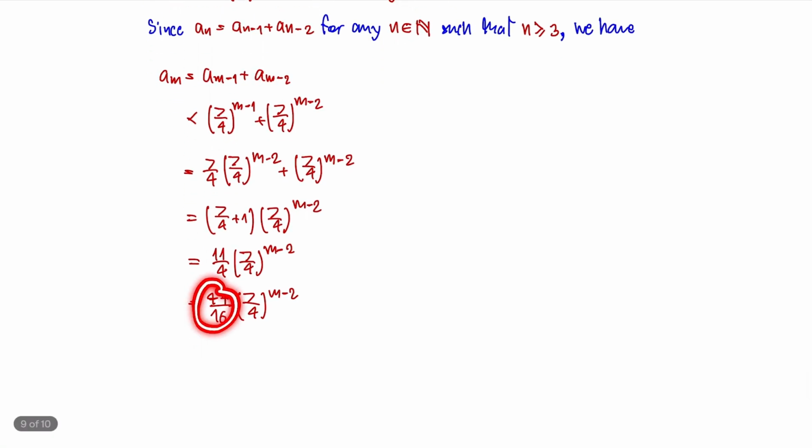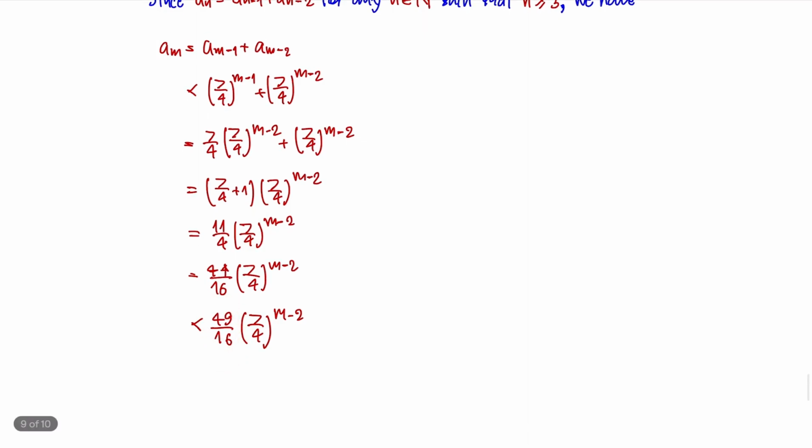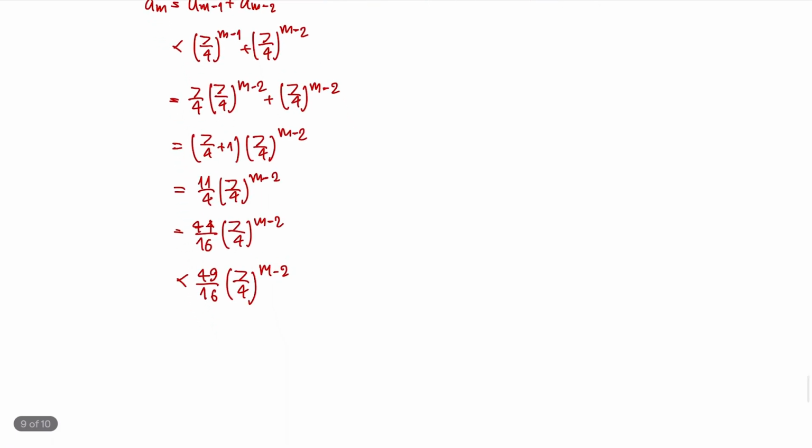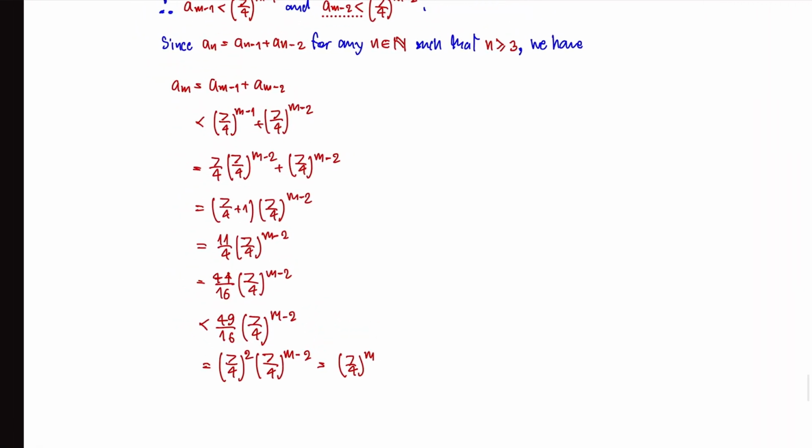But what about this one? This is 44 over 16, which is less than 49 over 16 times (7/4) raised to the m minus 2. And 49 over 16 is (7/4) squared, times (7/4) raised to the m minus 2, which is (7/4) raised to the power of m.